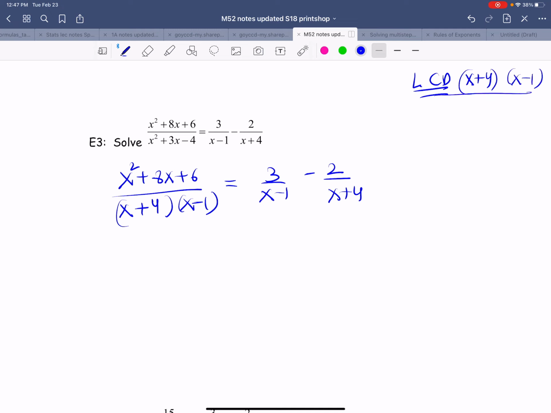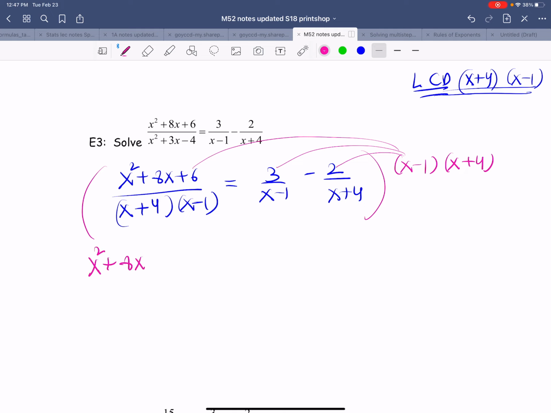Once we found the LCD, we're going to multiply both sides of the equation by that LCD, x minus 1, x plus 4. It is time to distribute the LCD into the entire equation, both on the left and right hand side, and cancel the common factors between numerator and denominator. On the left side of the equation, we'll be left with x squared plus 8x plus 6.